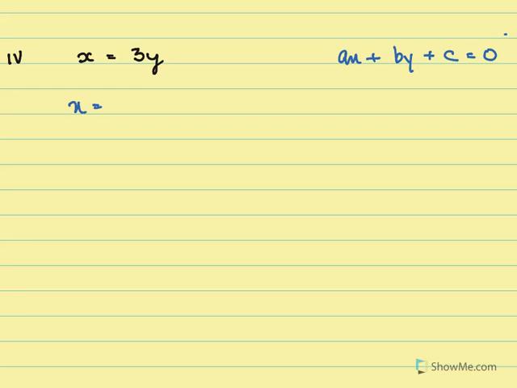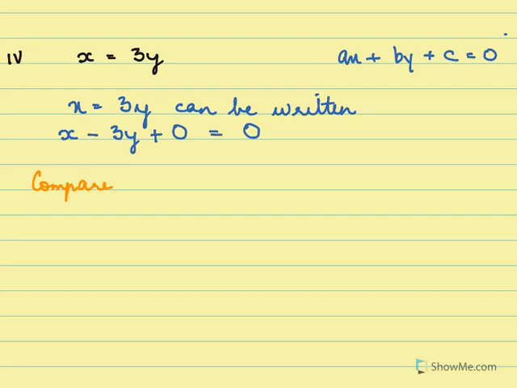So x equal to 3y can be written as x minus 3y. Now the c term is in there, the third term, so I put plus 0 equal to 0.